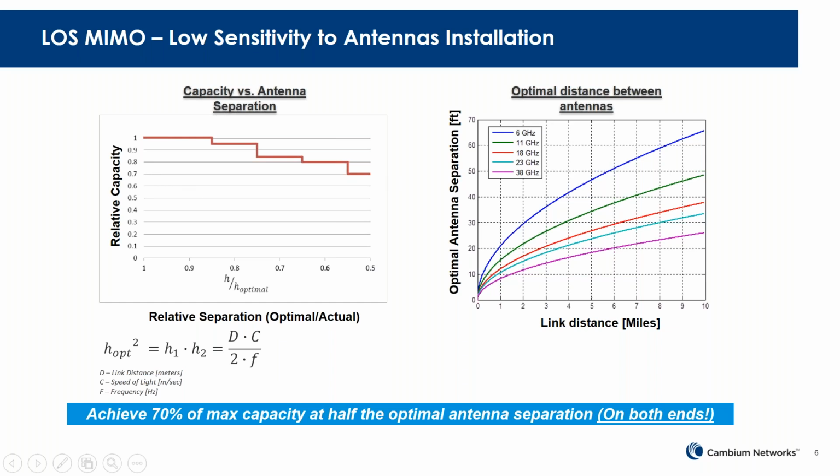It's pretty low sensitivity to antenna installation. You don't have to have perfect separation. You can have some separation, but you still can achieve the goal to increase your capacity. But obviously, a higher frequency link would be easier to plan for 4x4 MIMO.